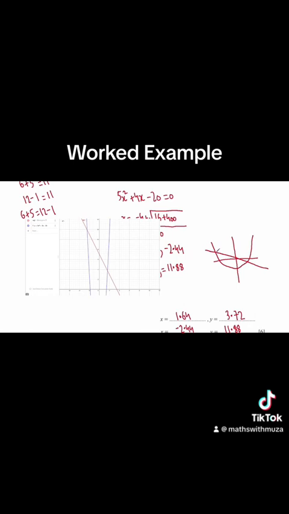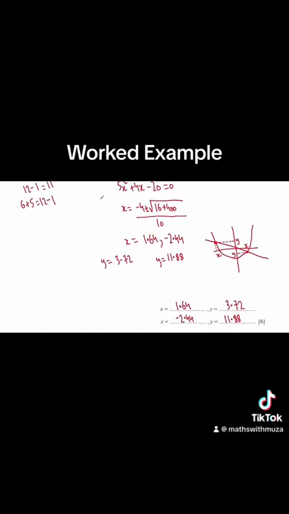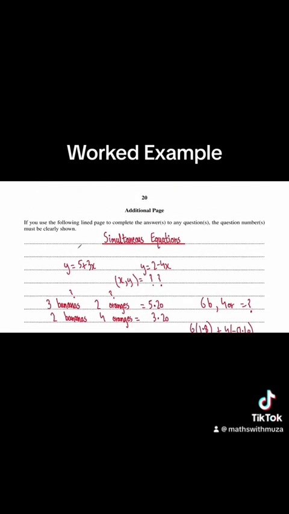What you're really doing is you're finding this point right here and this point right here. For this point, you're reading off this x value and this y value. And for this point right here, you're reading off this x value and this y value. That's why it's important that you match them correctly, because if you did this x value with this y value, that would not make any sense because that's not where the line intersects the curve. So yeah, that's simultaneous equations, and that's quadratic simultaneous equations.